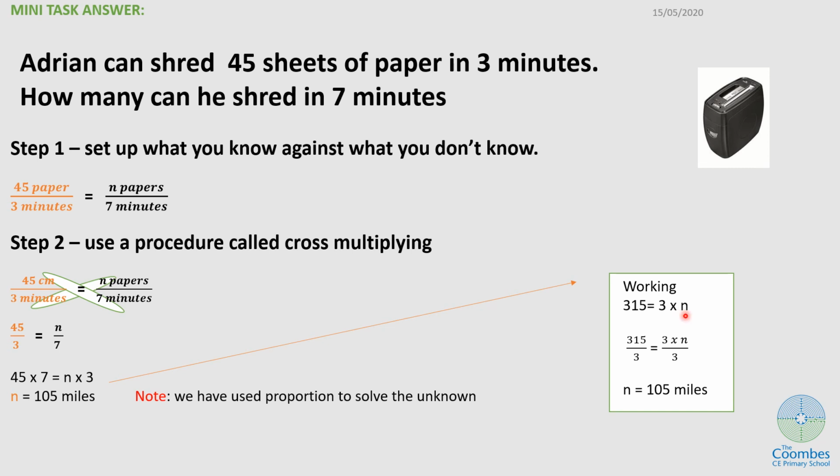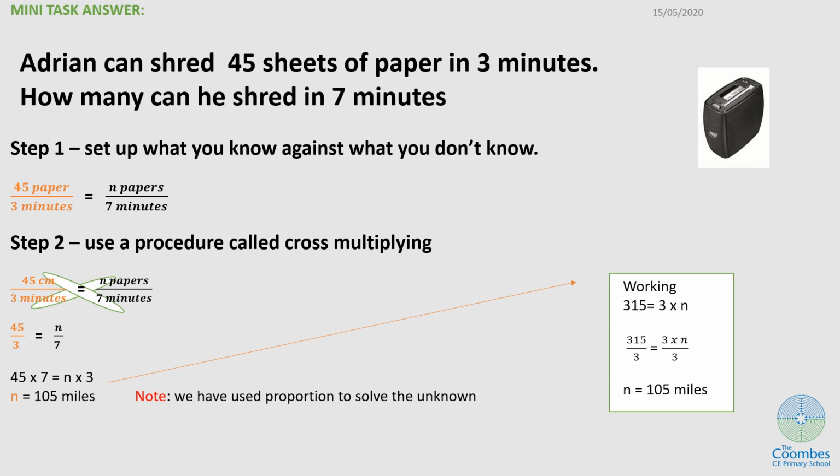Now this is an unknown, so I cannot multiply it. But I know that 3 lots of n is 315. So what is 1 lot? To find 1 lot, I have to divide 3 times n by 3, which is here, but I must do the same on the other side of the equation.